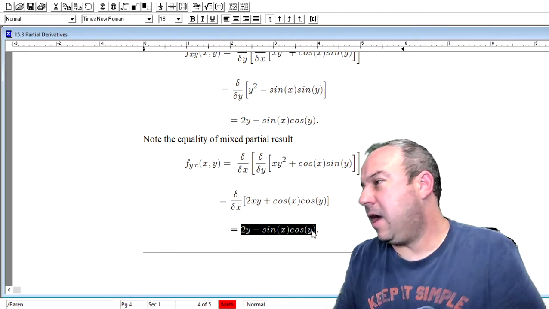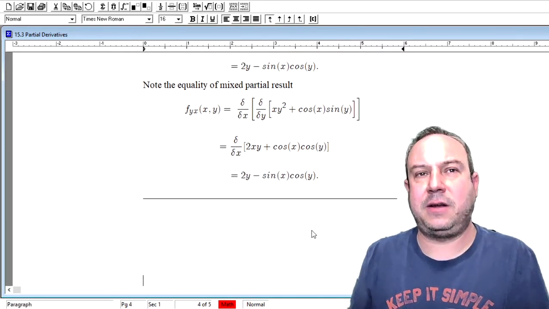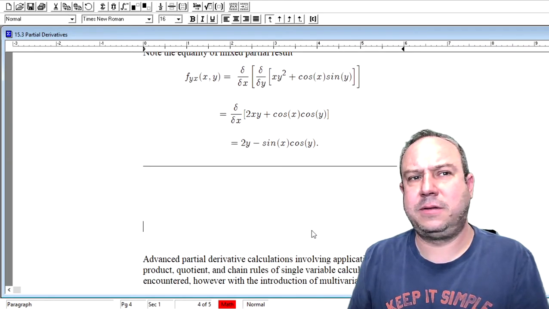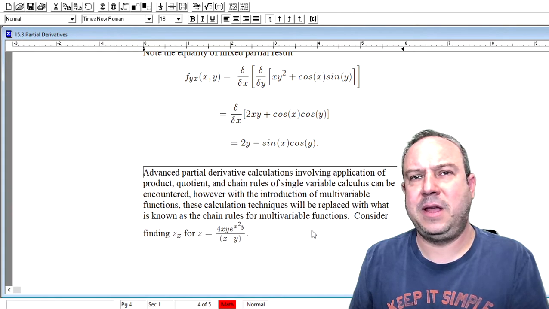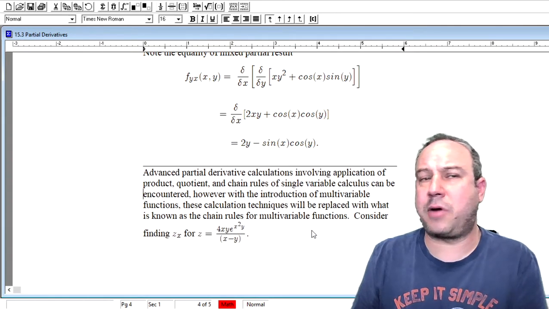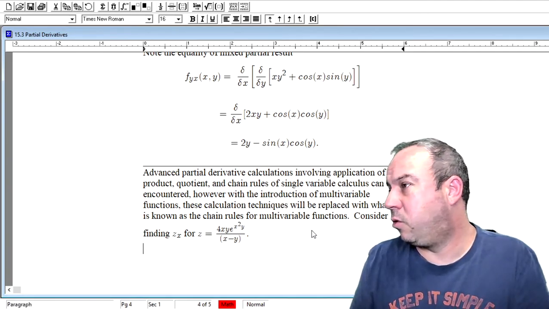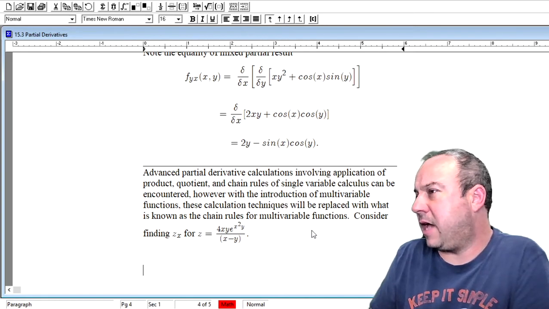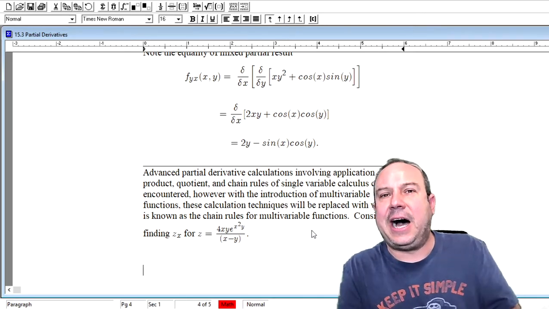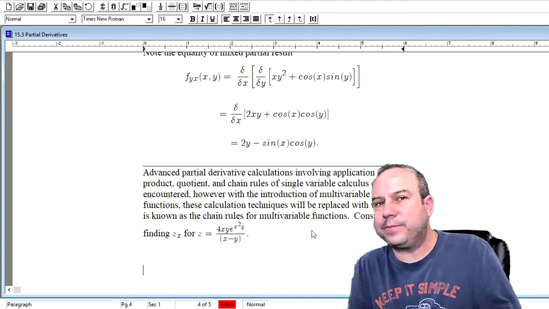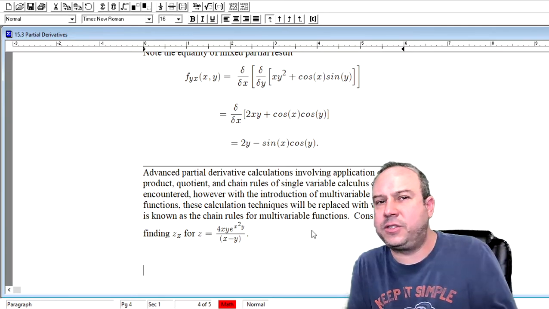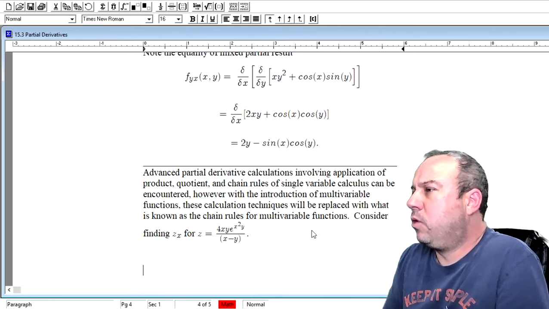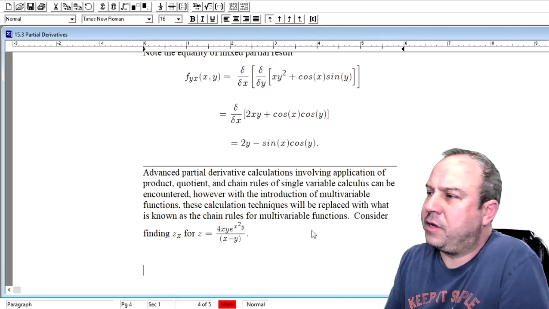All right. Now, I have one more example to give you here. It's a little overbearing, but these do get trickier. You may also have to mix in some product rule. You may have to mix in some quotient rule. You may have to mix in some chain rule of your single variable calculus. However, with the introduction to multivariable functions, we're going to replace these techniques in the following section with what's called the chain rules for multivariable functions.